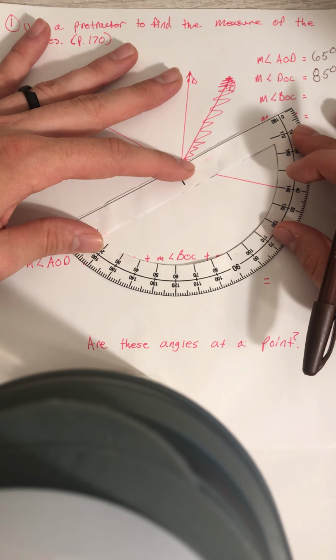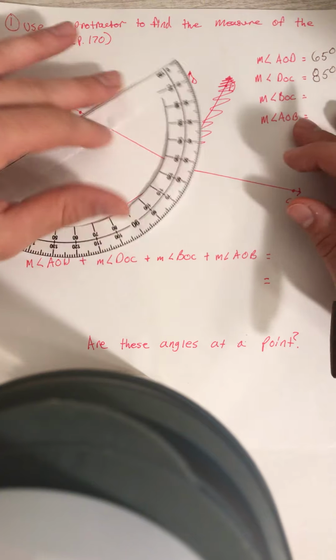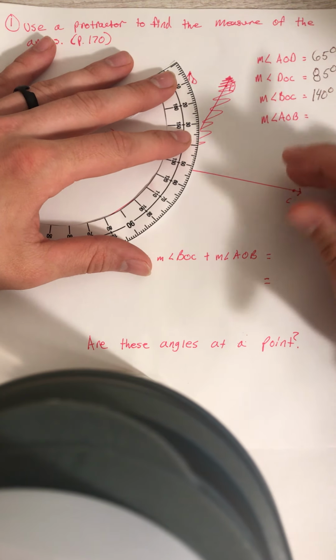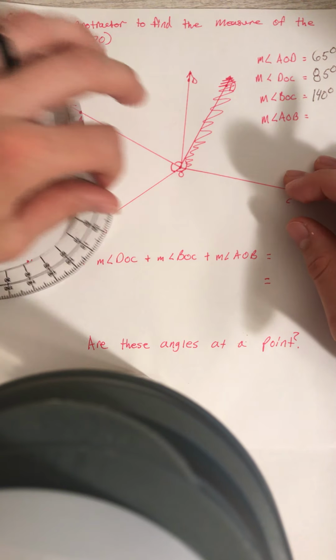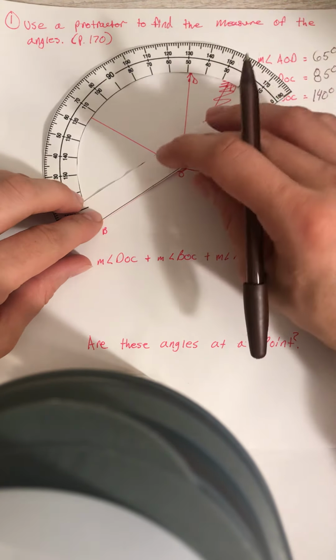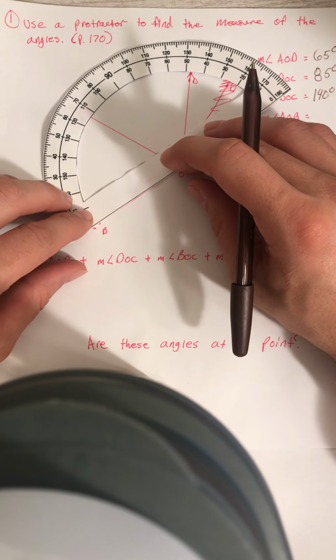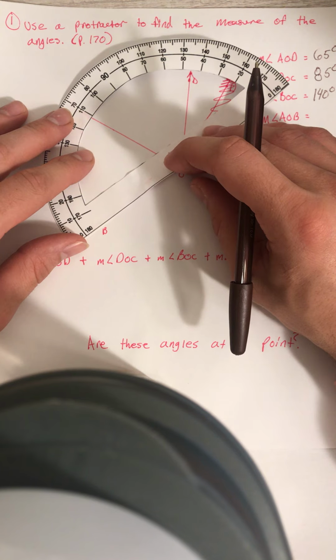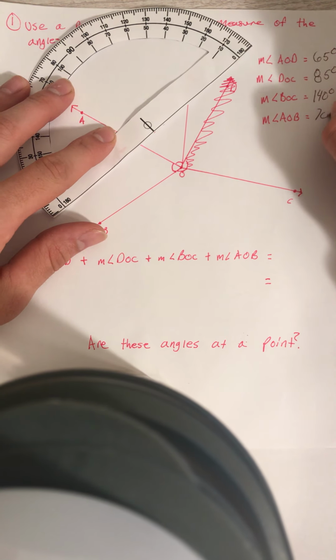Good on both sides. 140. So my measure of angle BOC is 140 degrees, and for the measure of angle AOB, I put the midpoint on point O, and it looks like it's 70 degrees.